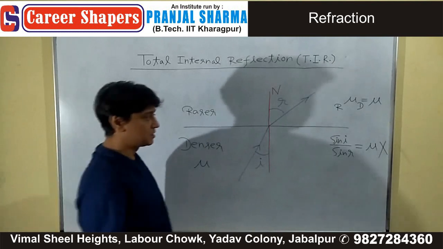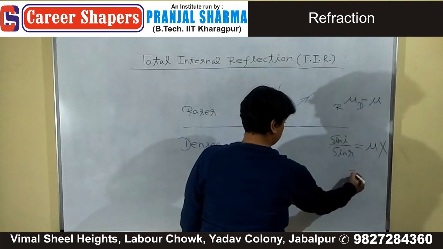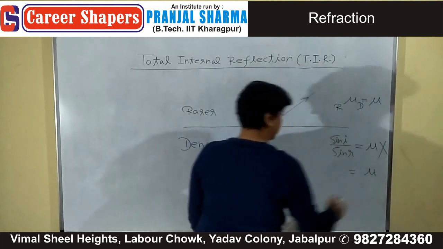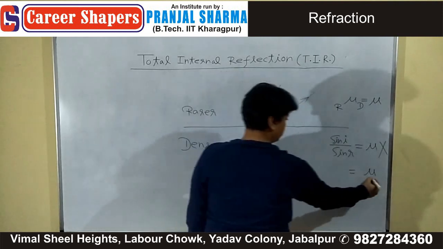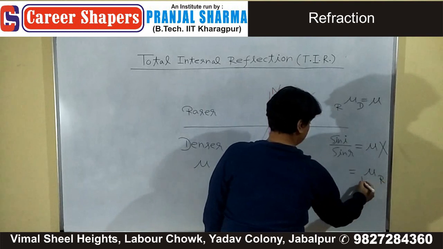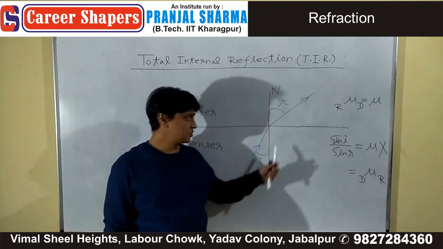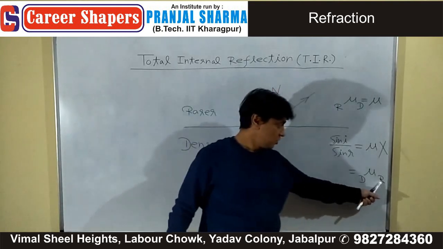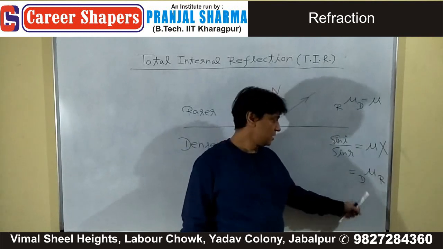Why is it not correct? Because sine i upon sine r means what? The refractive index of the medium in which light enters with respect to the medium from which it is coming.